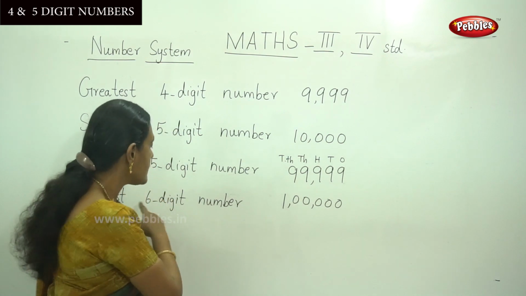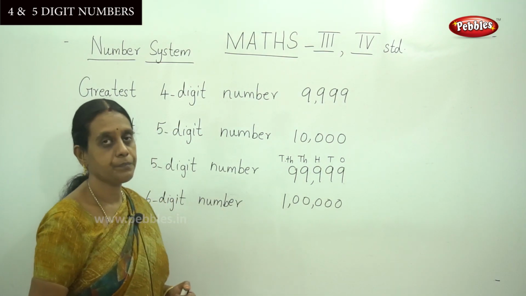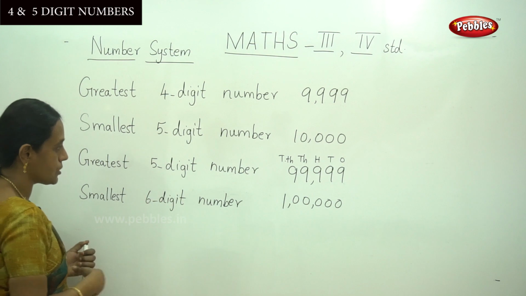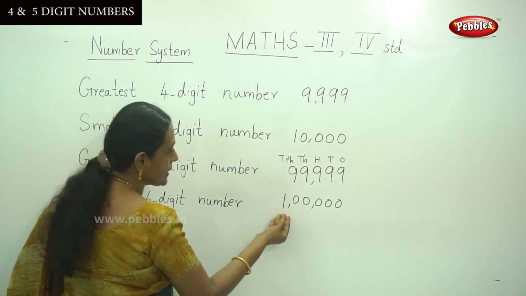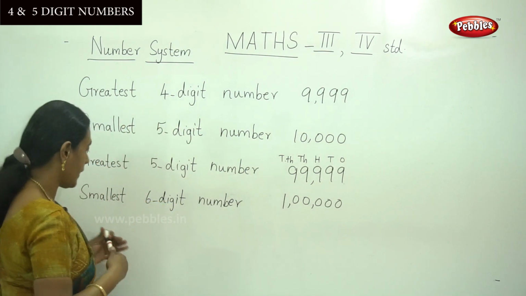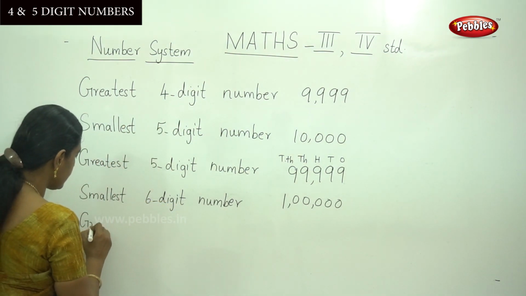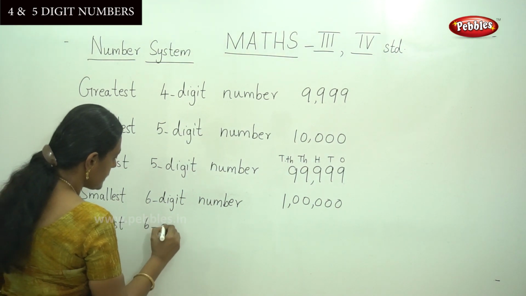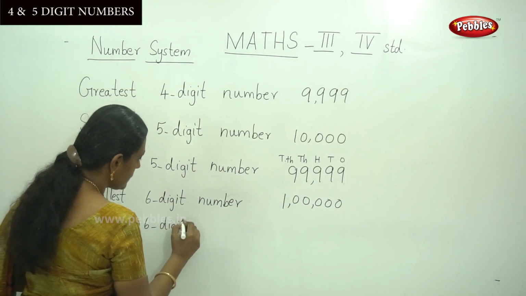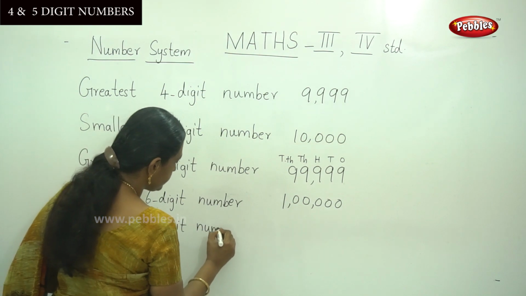So this is a 6-digit number. This is the smallest 6-digit number. Again, the greatest 6-digit number means you put six 9s. That is the greatest 6-digit number.